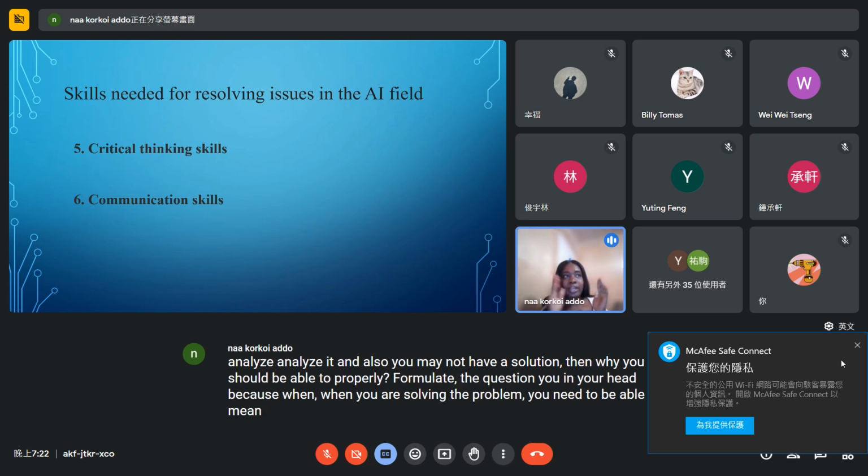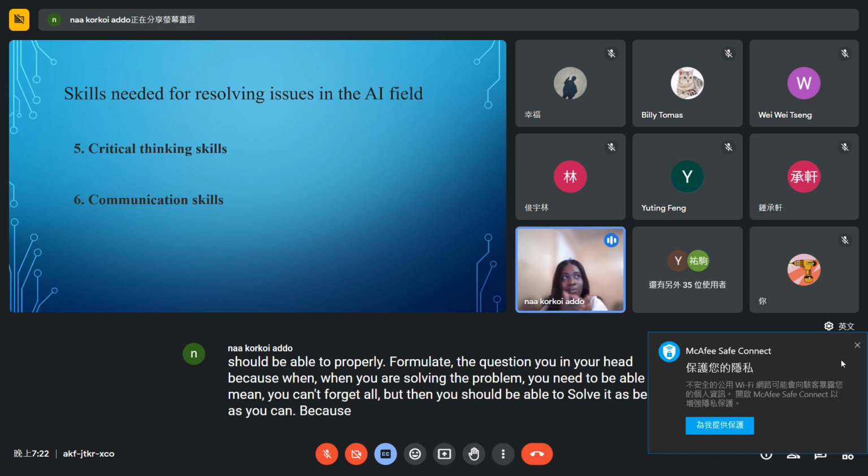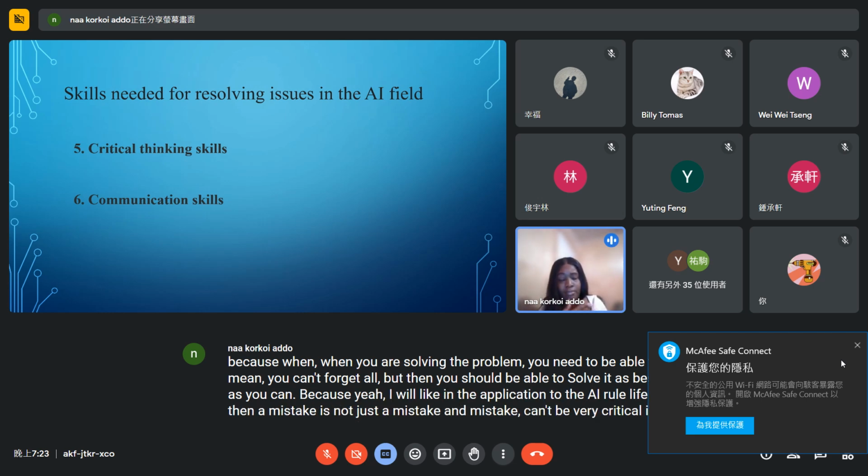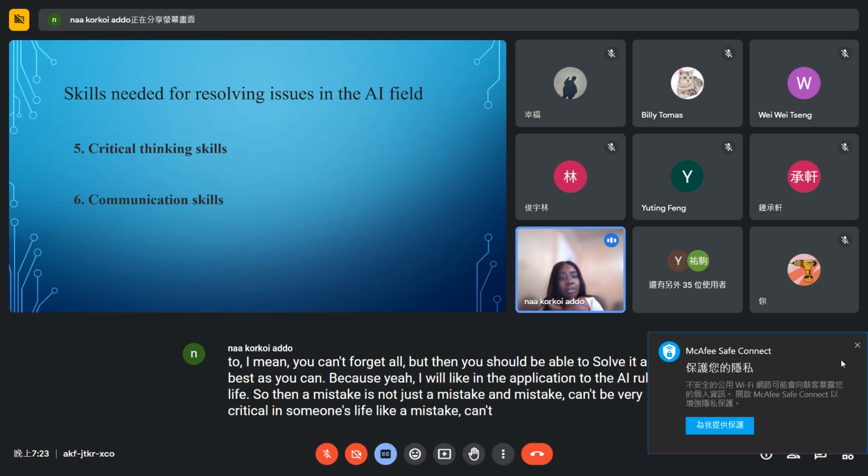I mean, you can't figure it all out, but then you should be able to solve it as best as you can, because the applications in AI are real life. So a mistake is not just a mistake. A mistake can be very critical in someone's life. A mistake can go a long way to harm society.